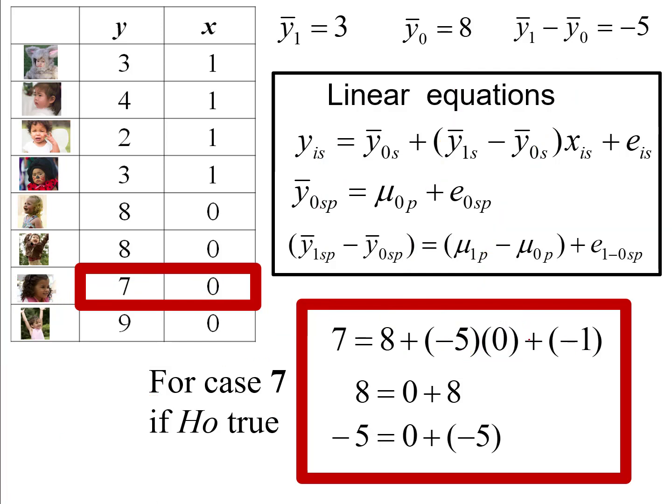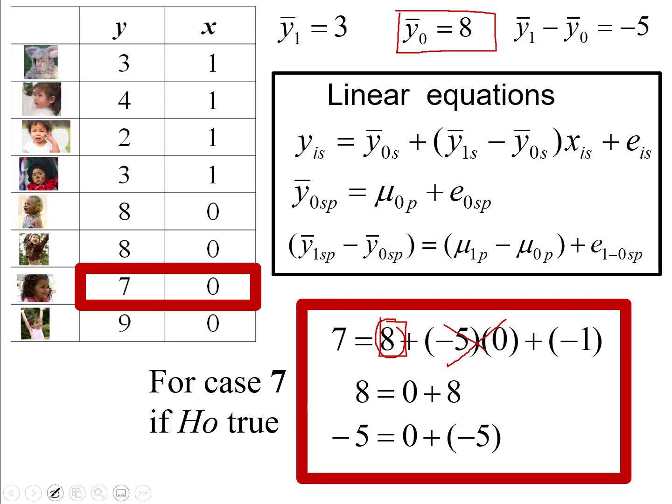So the error is how far this person deviated above or below her predicted value. So if we take 8 plus -5 times 0, that just cancels out, so her predicted value is simply 8. That is, her predicted value is the mean for group 0. The mean for group 0 was an 8, so her predicted value is an 8.